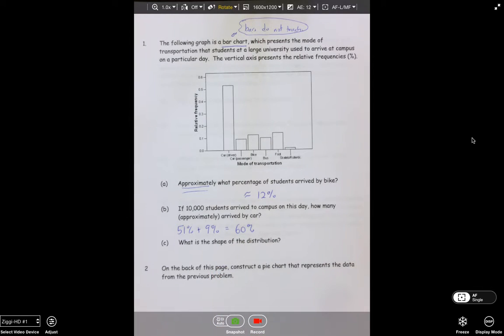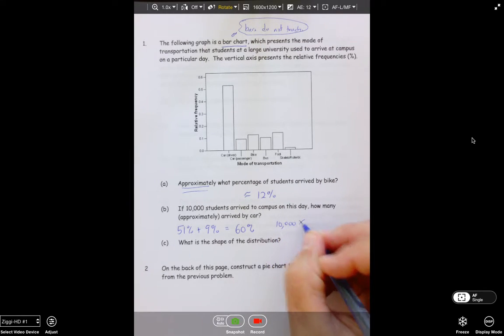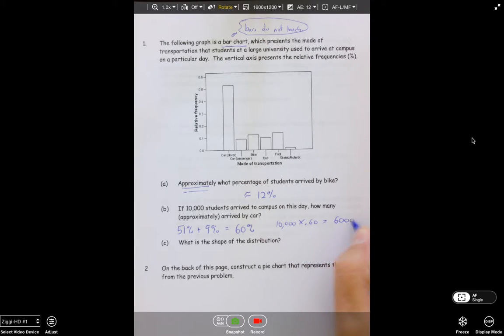So I'm going to say that 60% approximately arrived by car. Again, either as a driver or passenger. So guys, I take the count, 10,000 times the percentage. So my approximation of this would be that approximately 6,000 students arrived by car.